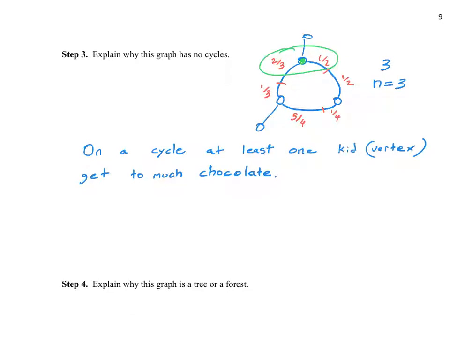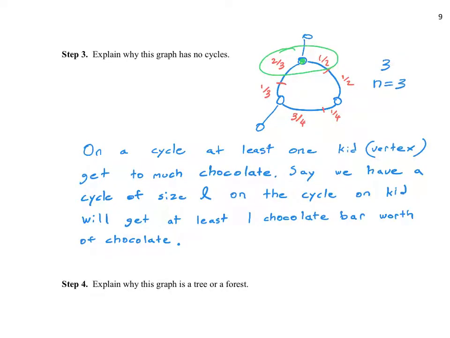And let's say that we have a cycle of size L. And on that cycle of size L, at least one kid will get a chocolate bar or more of chocolate.